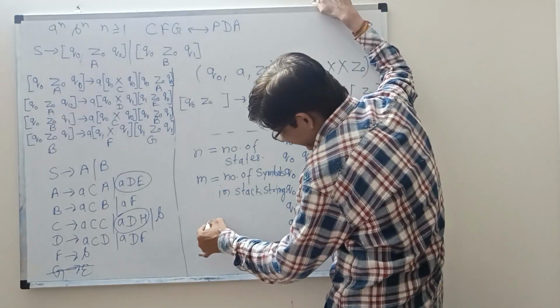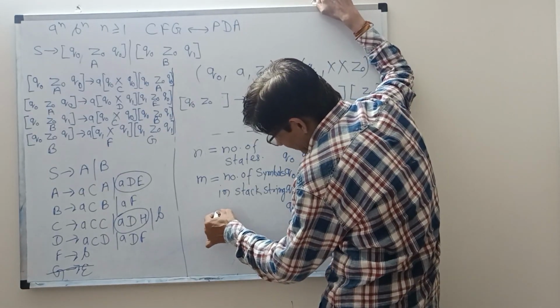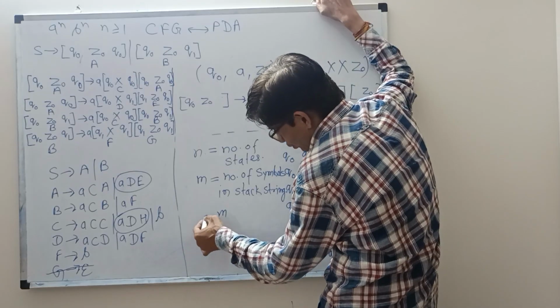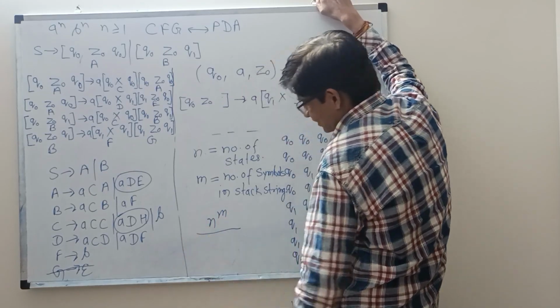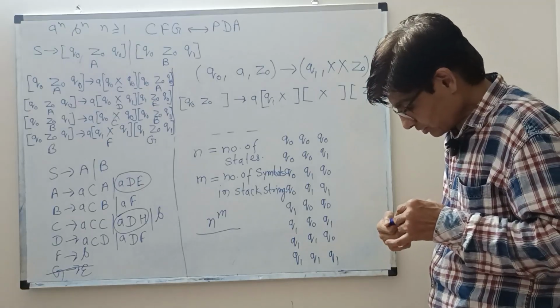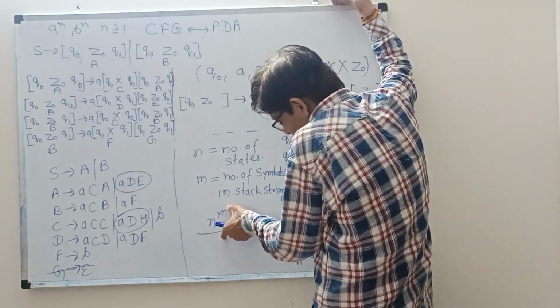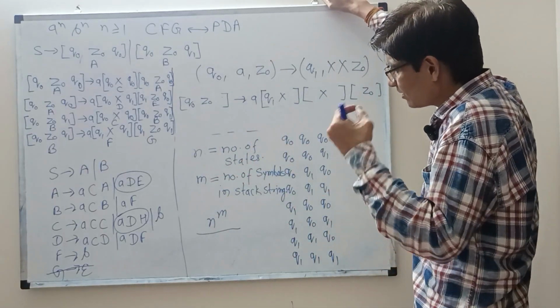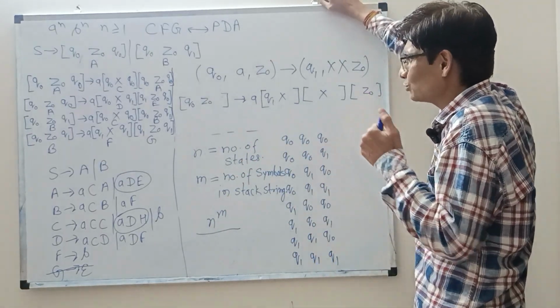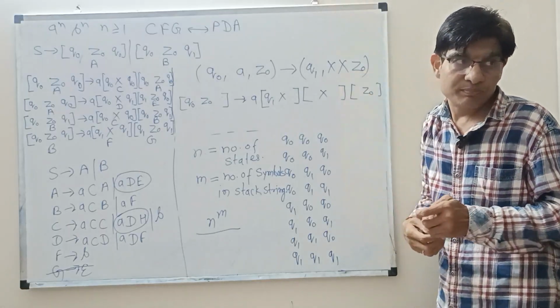Then you can create n to the power m different production rules corresponding to this particular transition. So this is the formula to identify the number of production rules corresponding to a particular transition or particular PDA.